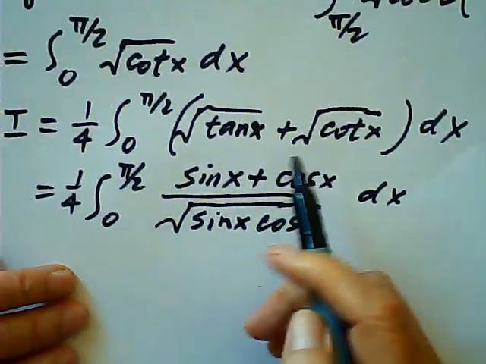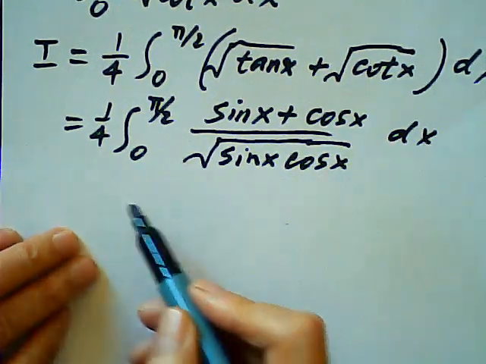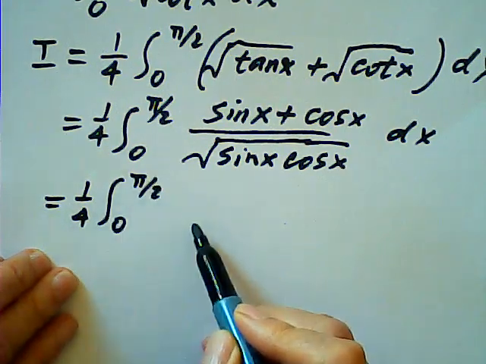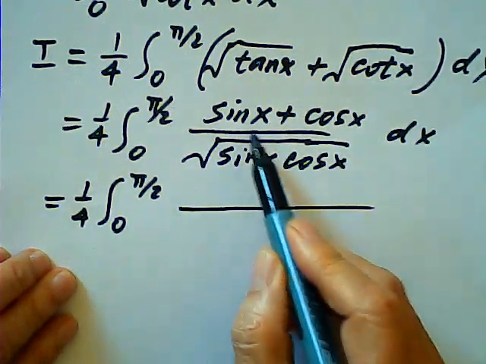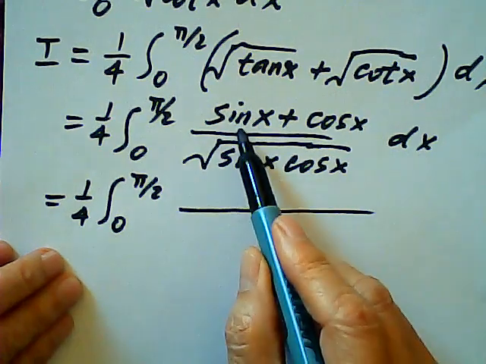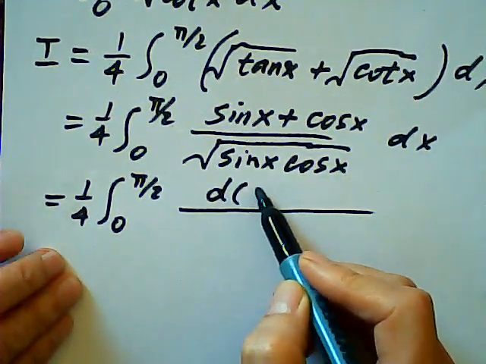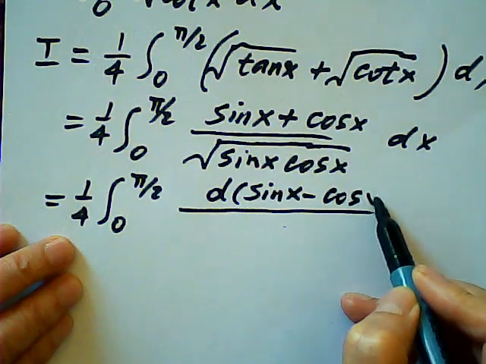Well, that's obvious to understand. Now I noticed that the numerator sine cosine dx could be written as d of sine x minus cosine x.